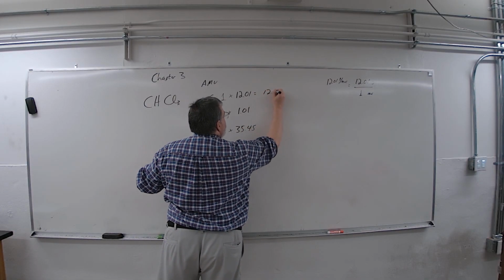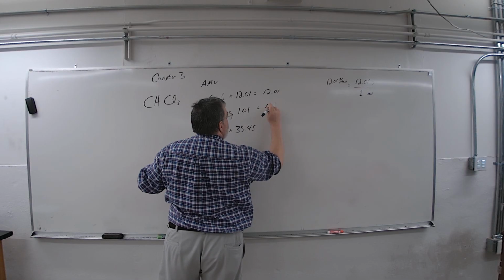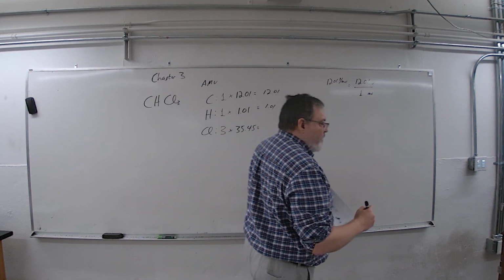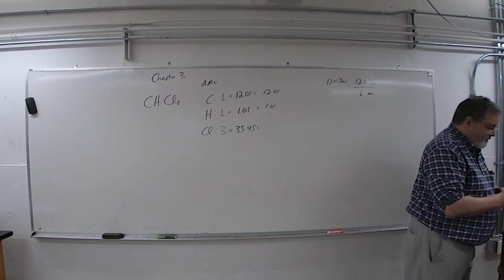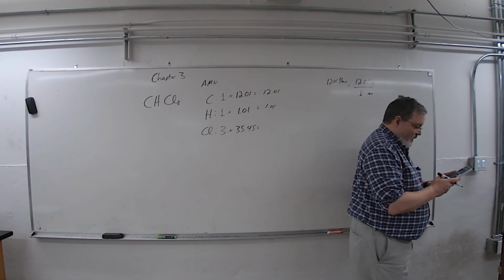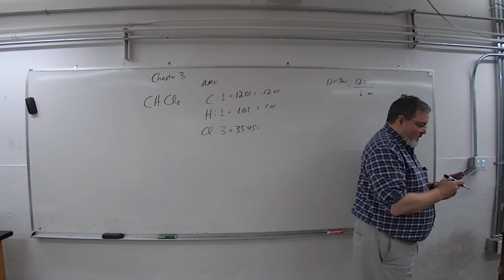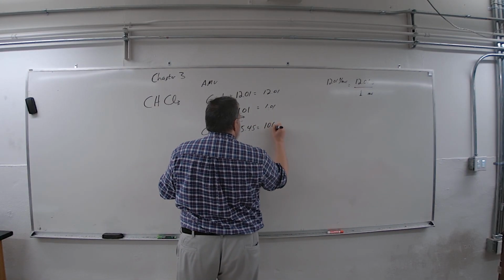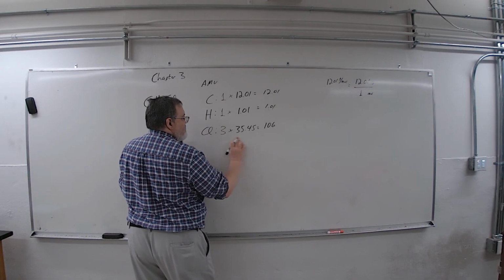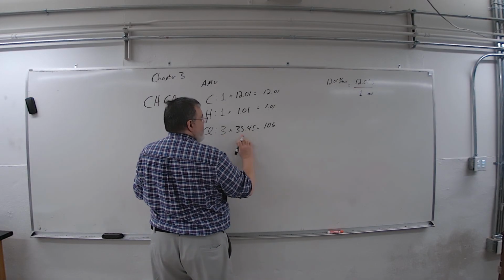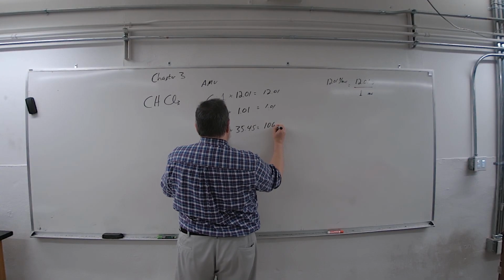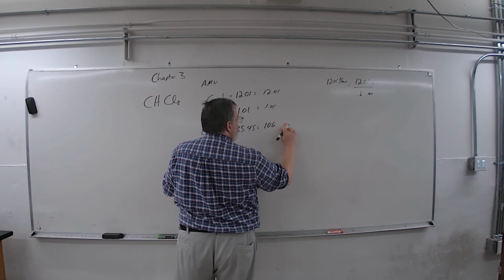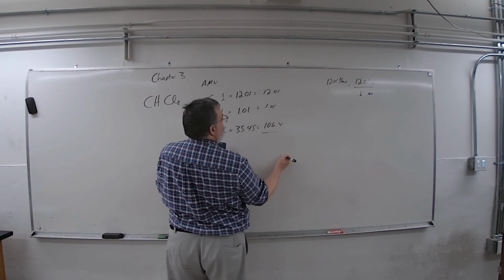And we just add them up. 12.01, 1.01, 3 times 35.45. 35.45 times 3. This is multiplication division. This is infinitely correct. So I'm going to keep 4 significant digits. My calculator says 3, 5, but I'm going to turn that 3 into a 4. And now I'm going to add them up.